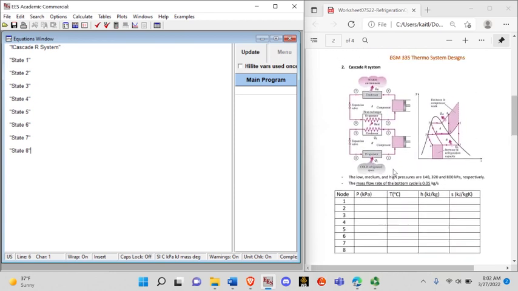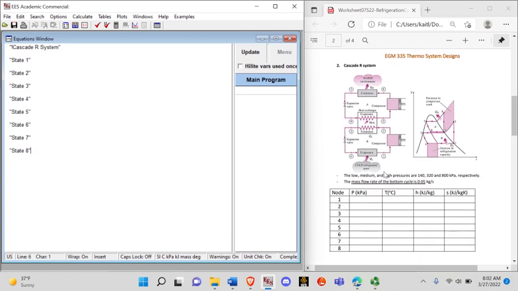And now we're going to be adding the known thermophysical property values that we have, which are the low, medium, and high pressure. Also, if we look for the TS graph, constant pressure we know is in the evaporator, so from state 4 to 1, constant pressure, and it's the low pressure.